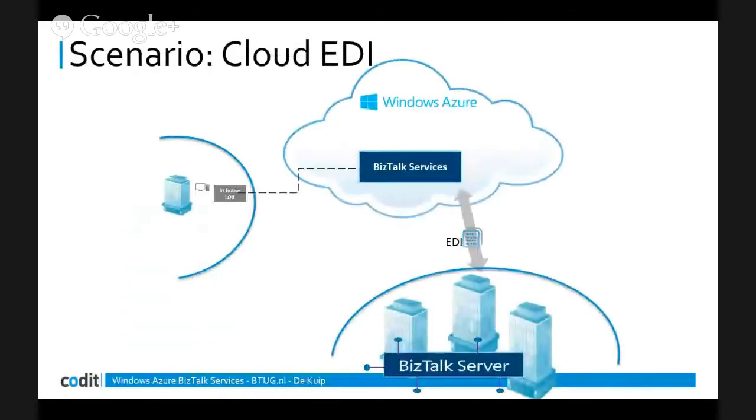This is one of the scenarios that we see coming up often, where customers have BizTalk Server locally to connect to their mainframe, whatever they have there. If they have, for example, production systems, not all customers want to have their connectivity, their synchronization of production and warehouse, through the cloud.